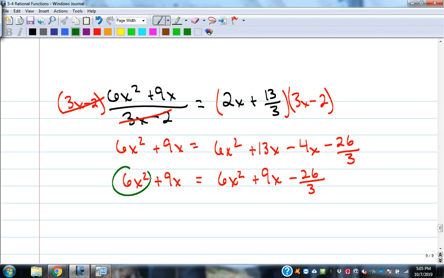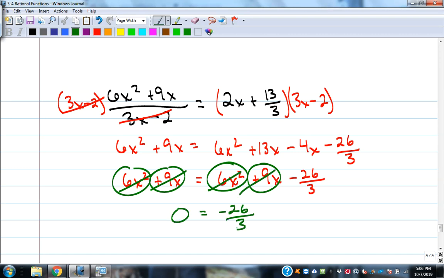What do we see happening here? Those are the same, aren't they? So when I move one to the other side, what's it going to do? Cancel it all out. So I'm going to end up with 0 equals negative 26 over 3. Is that true? Does 0 ever equal something else? No. So that tells us this has no solution.